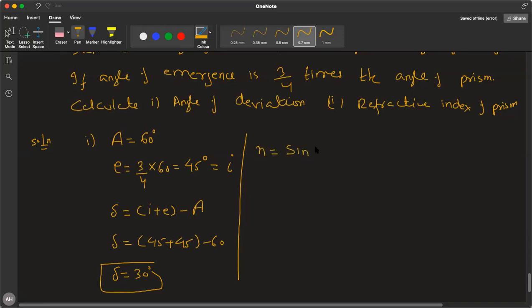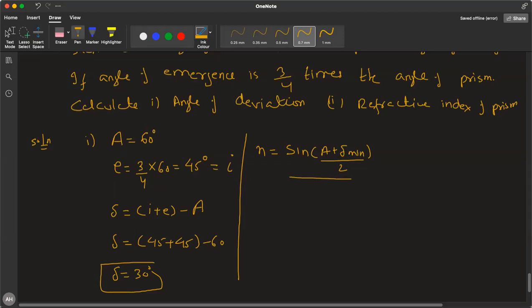Refractive index is sine of A plus delta minimum divided by 2, divided by sine A by 2. No. You should consider this sine in the prism formula, unless it is given that A and delta minimum are very, very small.